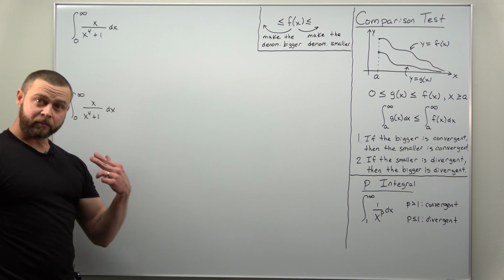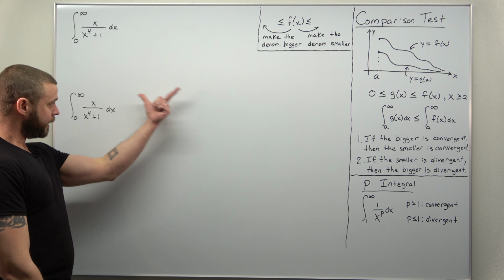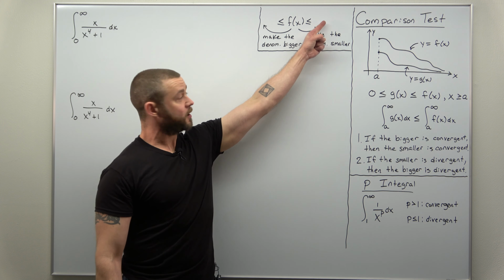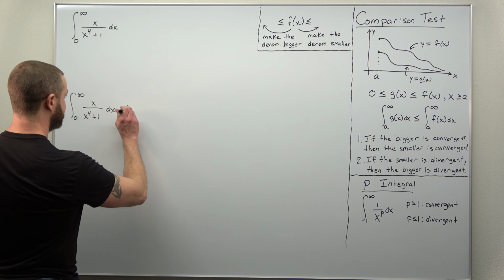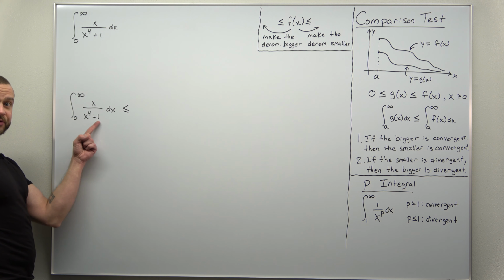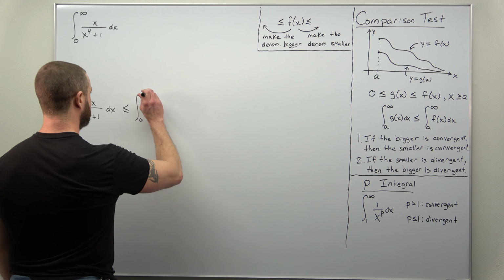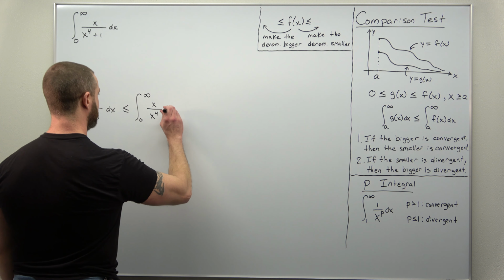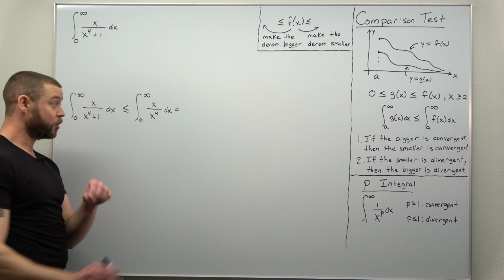From our previous problem, if we have an idea that our improper integral is convergent, we might want to look for something bigger, and we can find a bigger function by making the denominator smaller, so that's no problem here. We'll make the denominator smaller by getting rid of the plus 1. x over x to the 4th. And notice we can reduce that to 1 over x cubed.